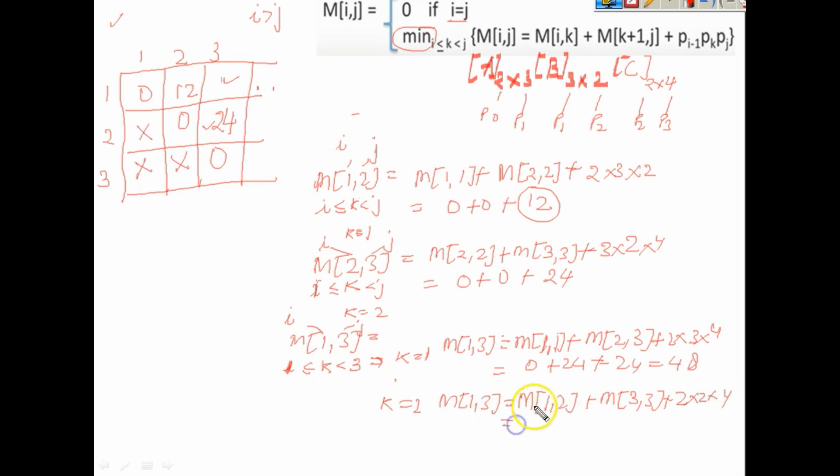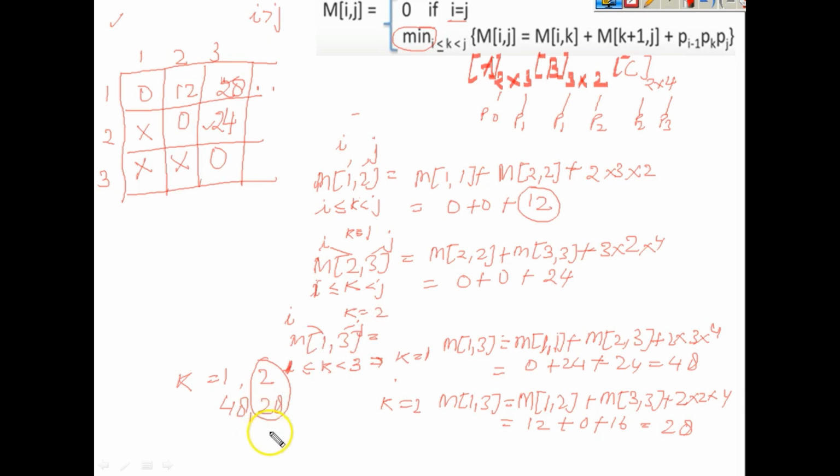So this will be M12, which we have already solved, 12, plus 0 plus 16, which is equal to 28. So we have two values, 48 for K equals 1 and 28 for K equals 2. This is the minimum, so we will take this value and write 28 here.